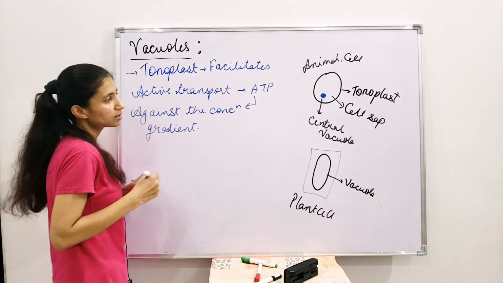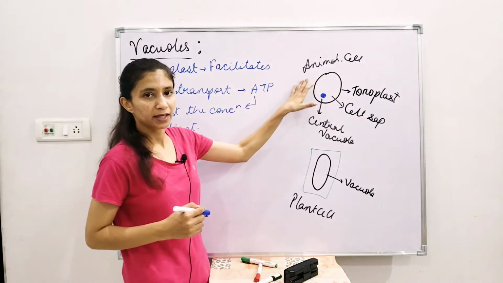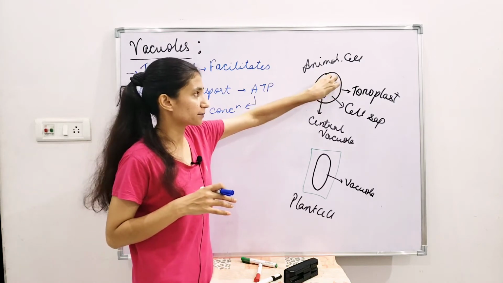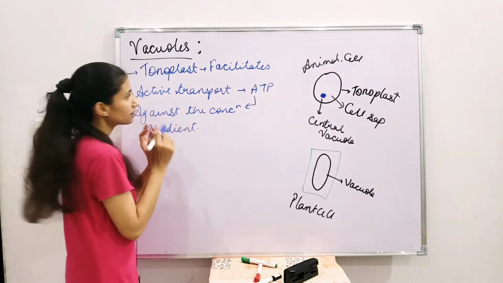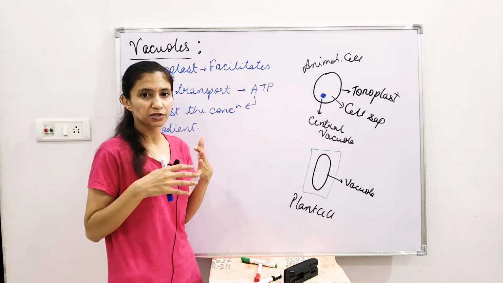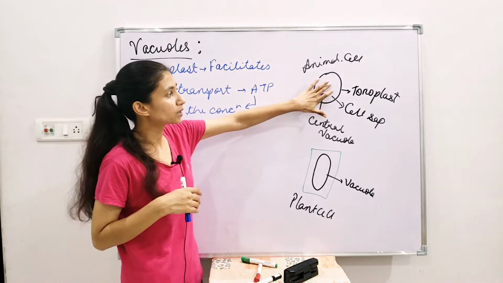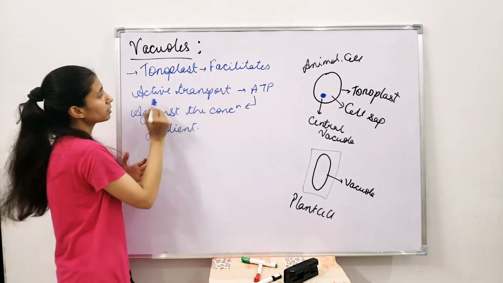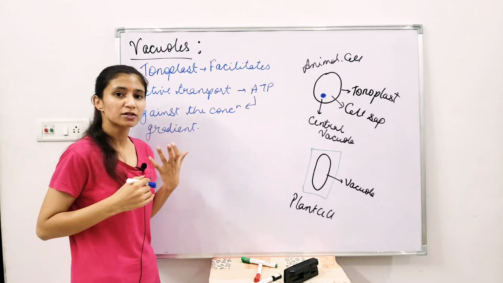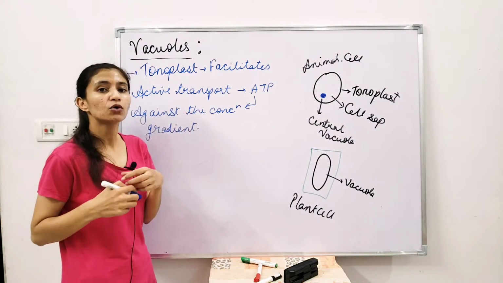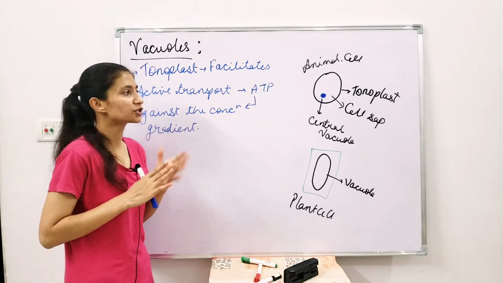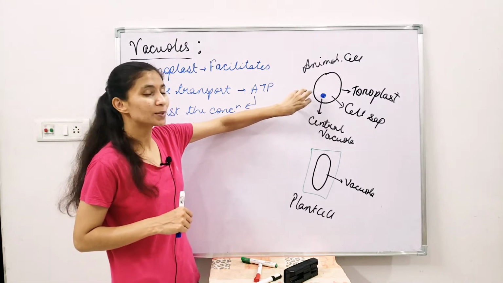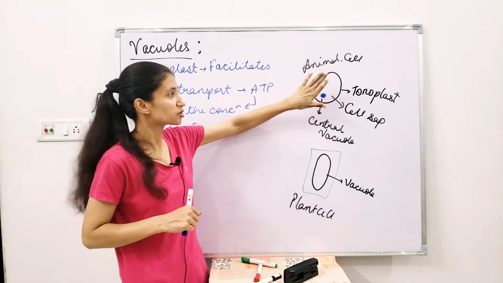Which means that outside the cell, in the cytoplasm, there will be materials which have to go inside. So the tonoplast will start doing the transportation with the help of ATP, which is why it is called active transport, and it goes against the concentration gradient. When I say concentration gradient, the amount present outside is lesser than the amount present inside.